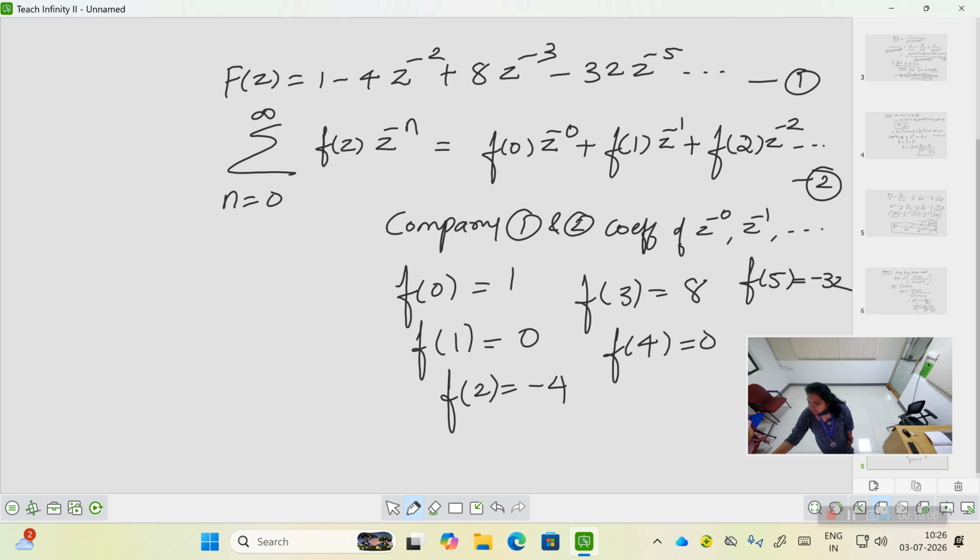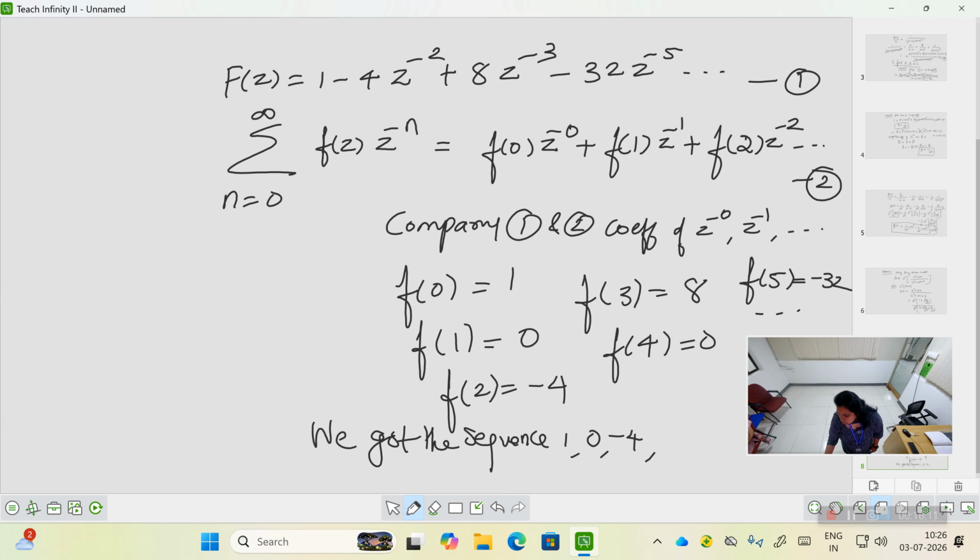Minus 32. So we got like that, etc. So we got the sequence. What is the sequence now? 1, 0, minus 4, 8, 0, minus 32, etc. So this is the solution for the problem.